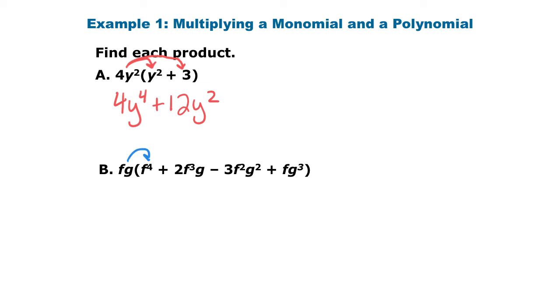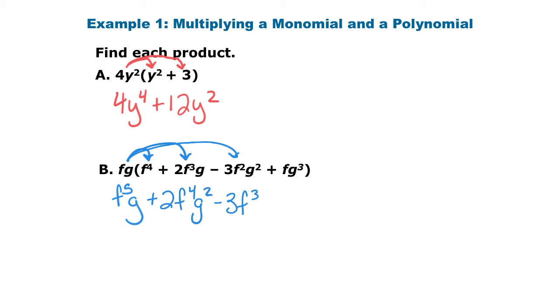Going to our next one, fg times f to the 4th would be f to the 5th times g. fg times 2f to the 3rd times g would be 2f to the 4th times g squared. And fg times this next term would be negative 3f to the 3rd times g to the 3rd. And our last one would be plus f squared times g to the 4th.